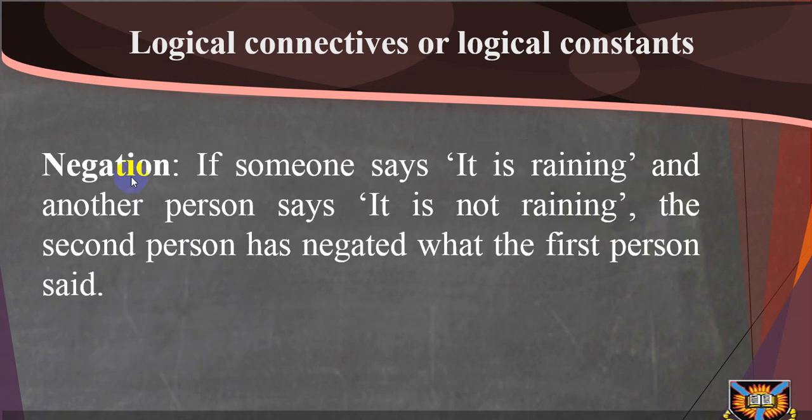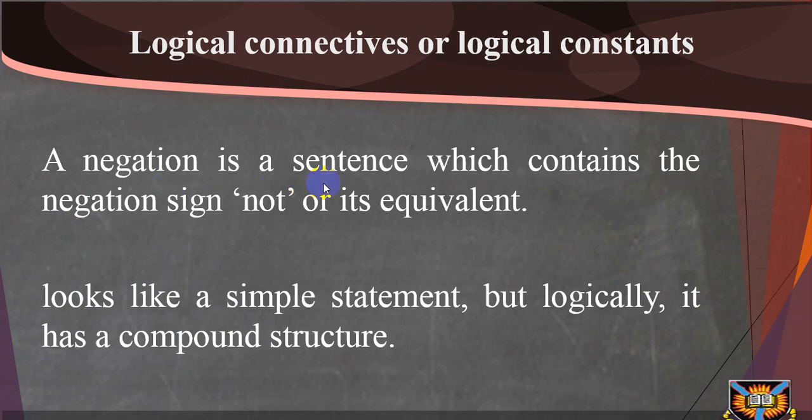Negation. If someone says it is raining and another person says it is not raining, the second person has negated what the first person said. A negation is a sentence which contains the negation sign "not" or its equivalent.